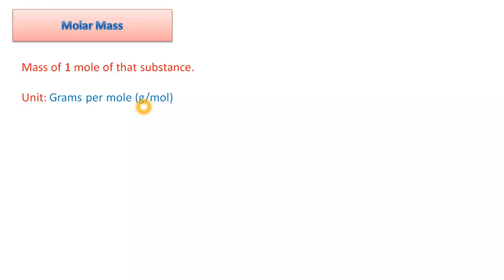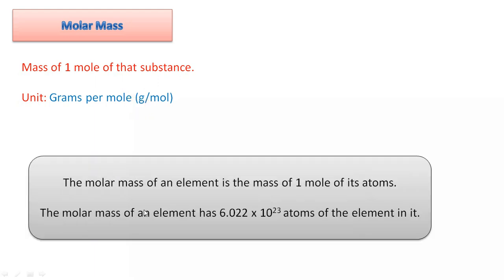And if you are having a compound, the molar mass is equal to the molecular mass expressed in the unit gram per mole. So the molar mass of an element is the mass of 1 mole of its atoms, and it has 6.022, or you can say 6.023 into 10 raised to the power 23 atoms of the element in it.